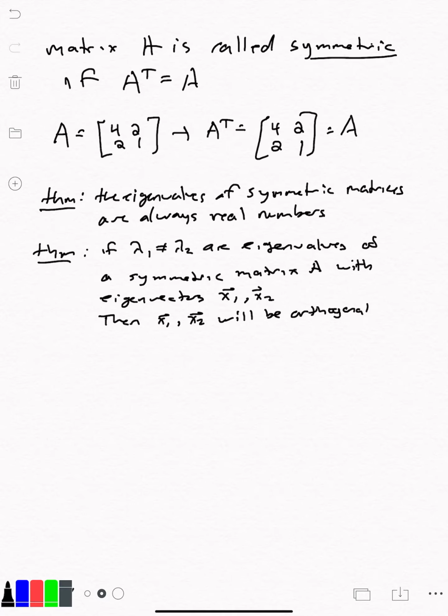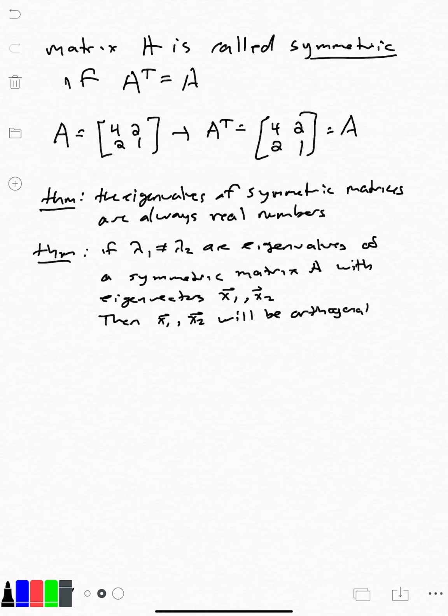So it is not true that every matrix you have, you're always going to have eigenvectors that are perpendicular to each other. But it is true that for symmetric matrices, your eigenvectors are going to be perpendicular to each other.